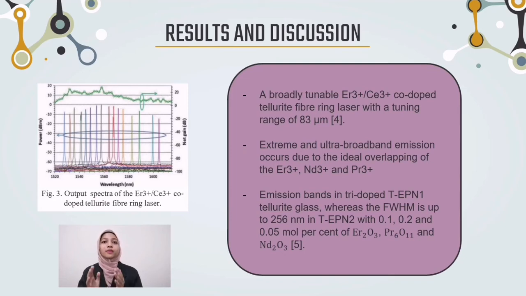However, in tri-doped tellurite glasses, extreme and ultra-broadband emission occurs due to the ideal overlapping of the Er3+, Nd3+, and Pr3+ emission bands in tri-doped TEPN1 tellurite glass, whereas the FWHM is up to 256 nanometers in TEPN2 with 0.1, 0.2, and 0.05 mol% of erbium oxide, praseodymium oxide, and niobium trioxide.